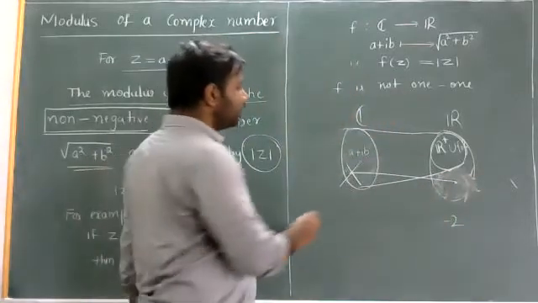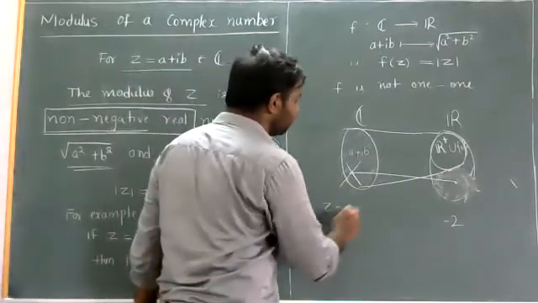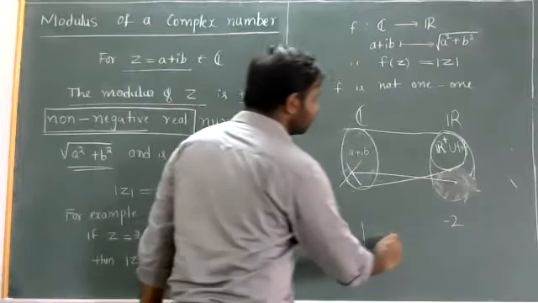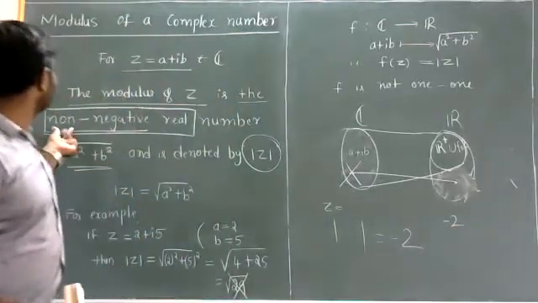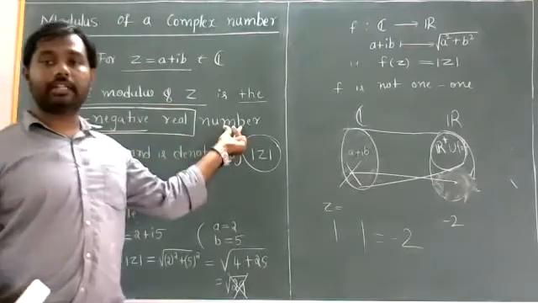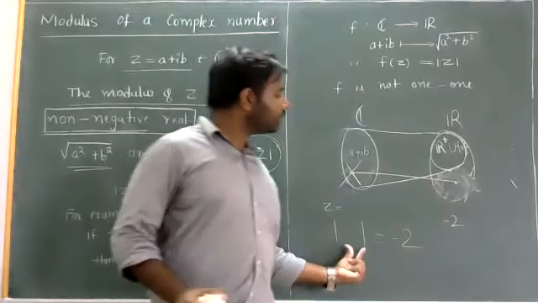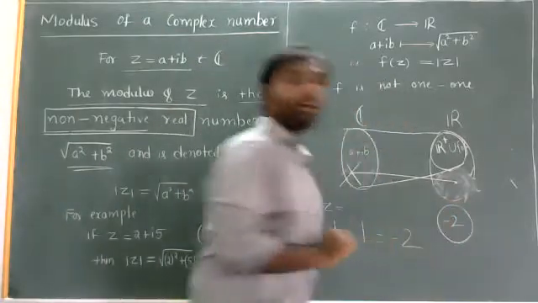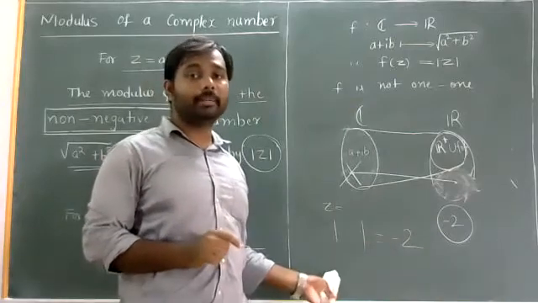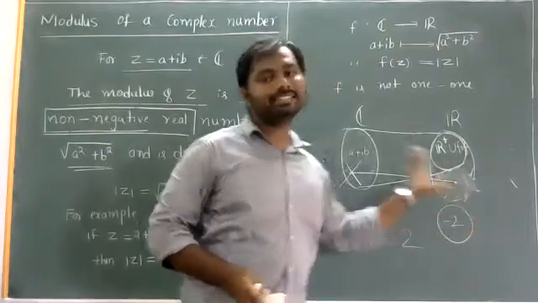Suppose minus 2: there is no complex number whose modulus value is minus 2, because modulus is always a non-negative real number. It cannot be negative. So there is no complex number whose image is minus 2. Hence, we found a codomain element which has no pre-image, so not all elements of the codomain have a pre-image.